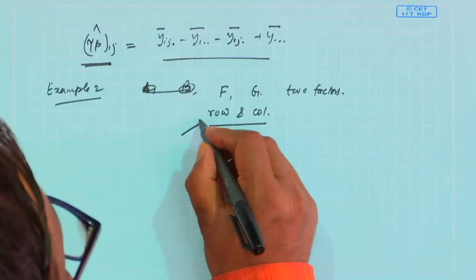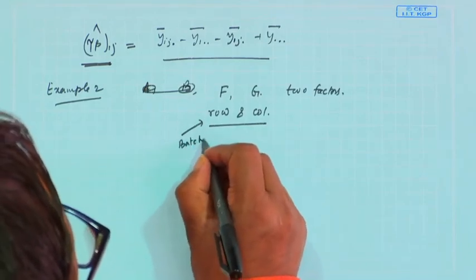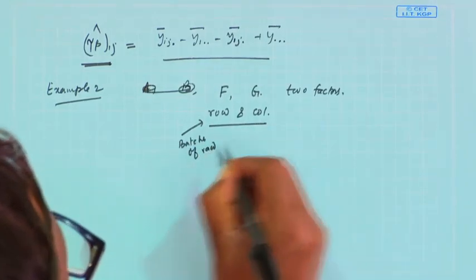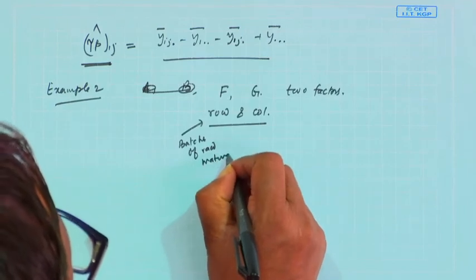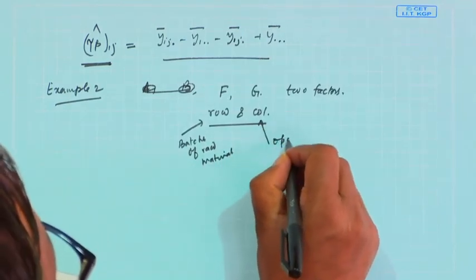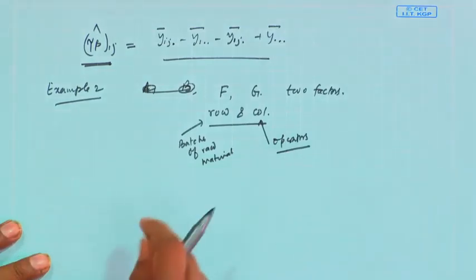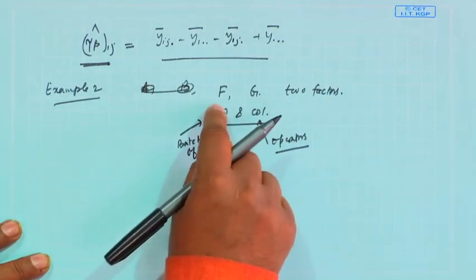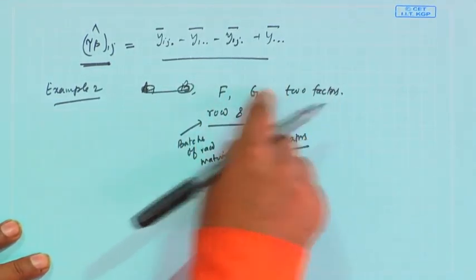For example, row may be batches of raw material and column will be operator, and the two controllable factors may be, this may be your temperature, this may be pressure, or any other controllable factors.